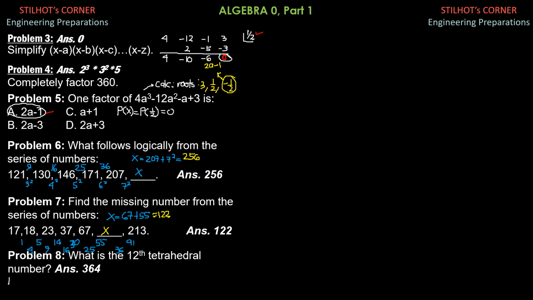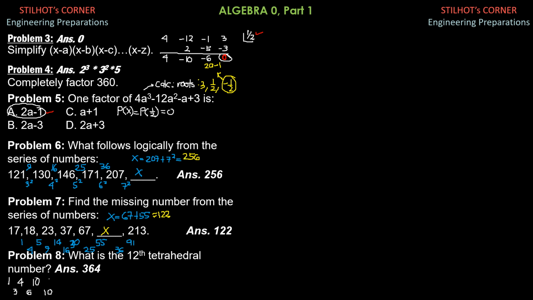So 1 is over 3. So that's why the next tetrahedral number is 4. This is the second. Then 3 is over 6. So 4 plus 6 is 10. These are triangular numbers 3, 6. Next is 10.